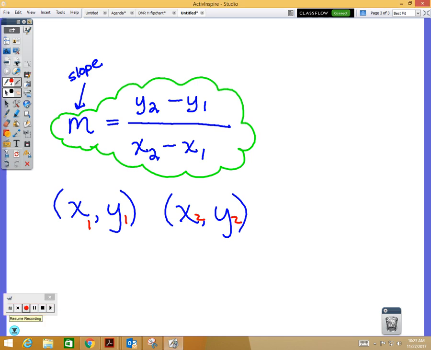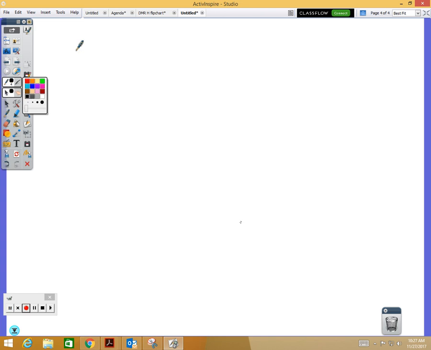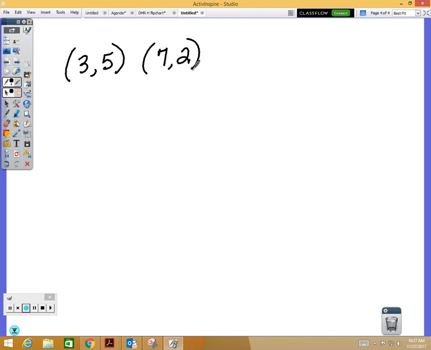Alright, so let's say we want to find the slope of (3, 5) and (7, 2). Now we could get graph paper, and we could put those 2 points on the graph paper, draw a line in between them, and then find the slope that way.